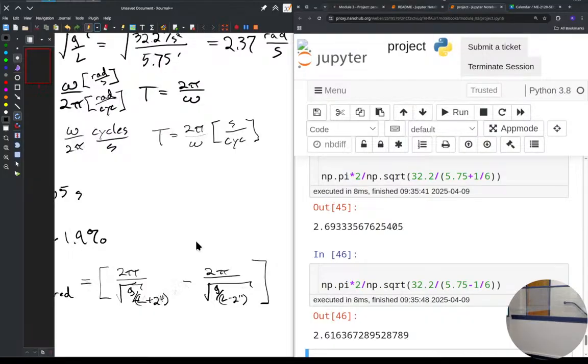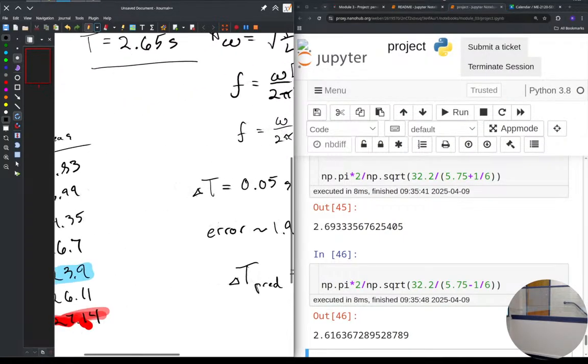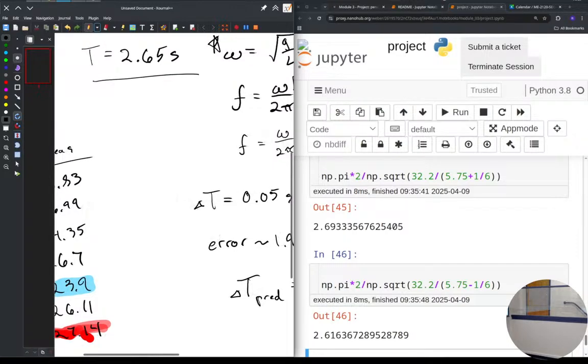So it could have been 2.7 or it could have been 2.6 seconds. Are we still on the low end? We're still below the lower end of that. We're within, I mean, by 0.01.